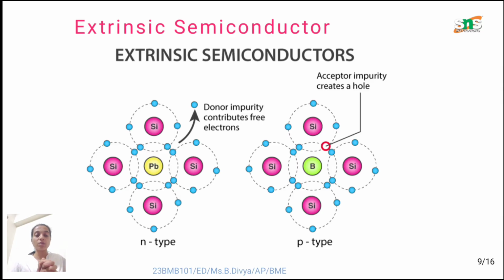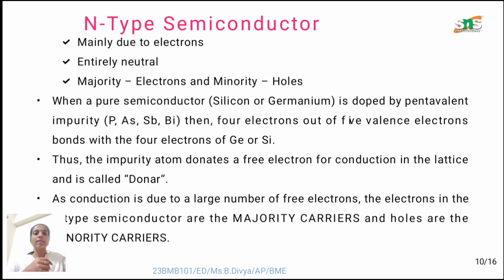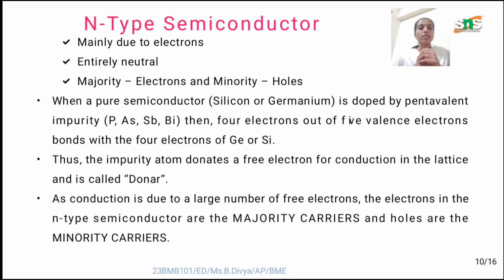Electron hole recombination is the process. So the N type material has a donor impurity which donates the free electrons, and the P type has an acceptor impurity which accepts the electrons. Next is the N type semiconductor, which is mainly due to electrons.